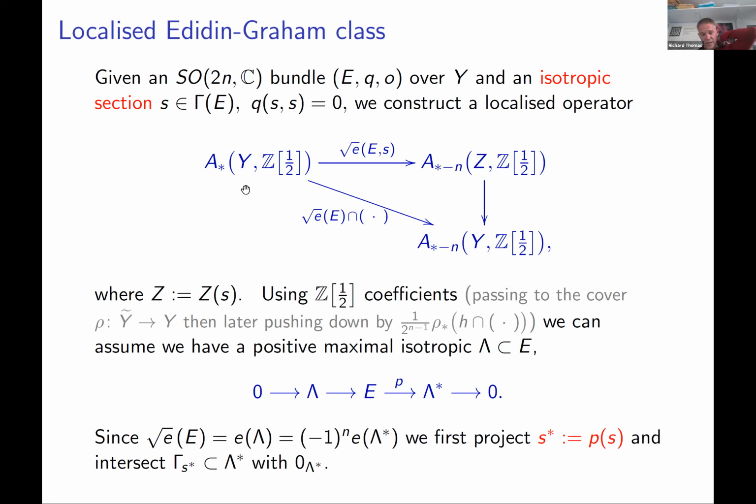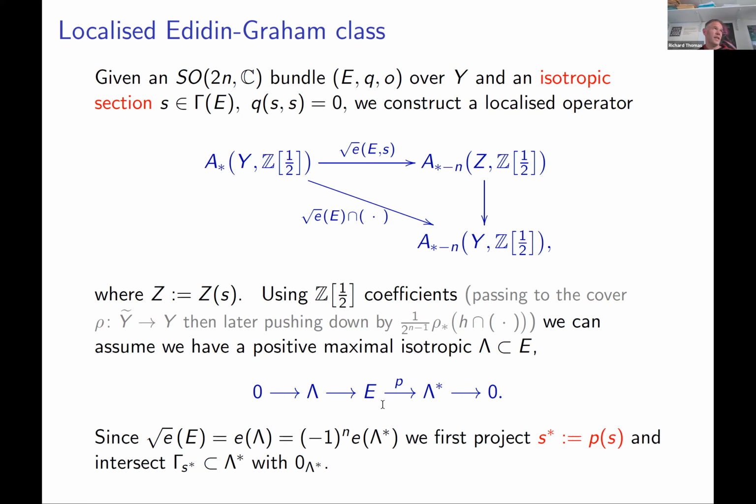So how are we going to construct this? Remember, I have a section of E now. And what I cannot do, unfortunately, is assume it lands in lambda or lambda dual. If I could, I would just, up to sign, take the localized Euler class of lambda or lambda dual, and I'd be done.